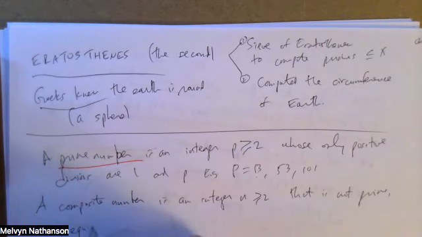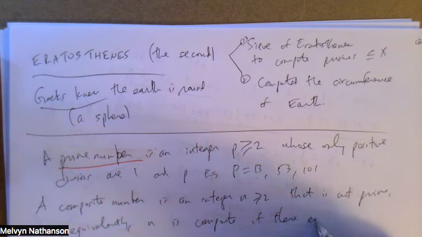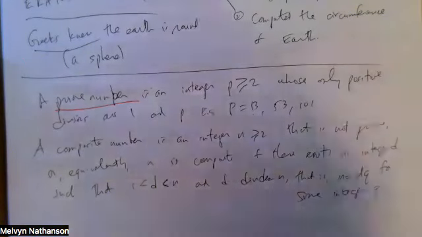Or equivalently, n is composite if there exists a divisor, an integer d, such that d is strictly between 1 and n, and d divides n. That is, n is d times q for some integer q. So that's what a composite number is.